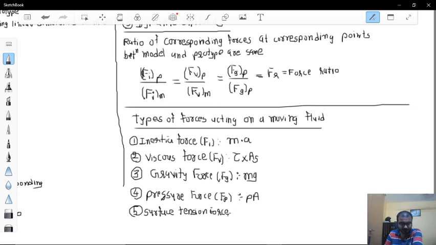Fs, which is equal to sigma, that is surface tension into length.